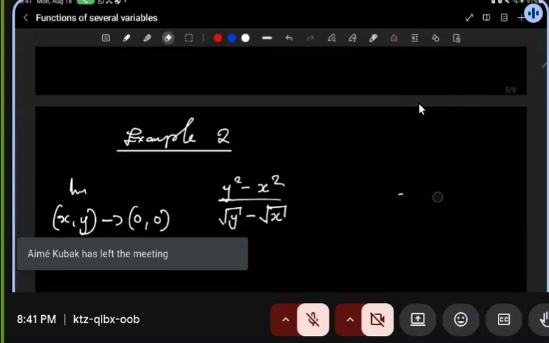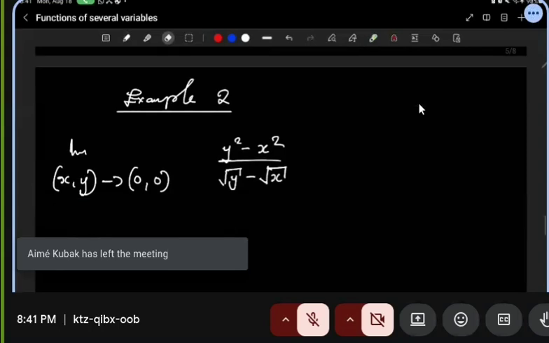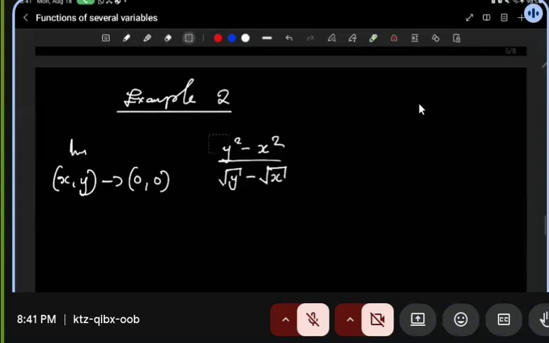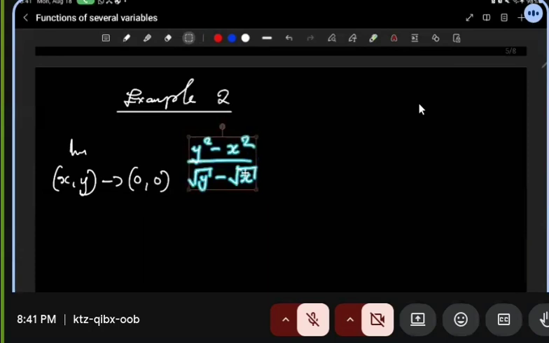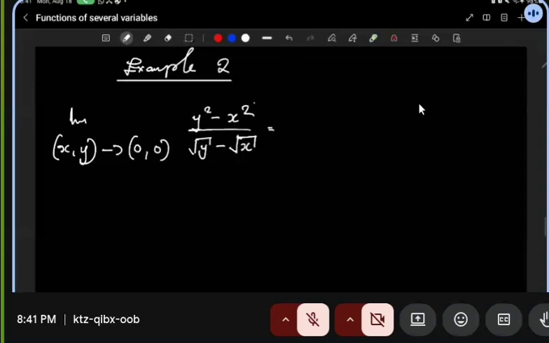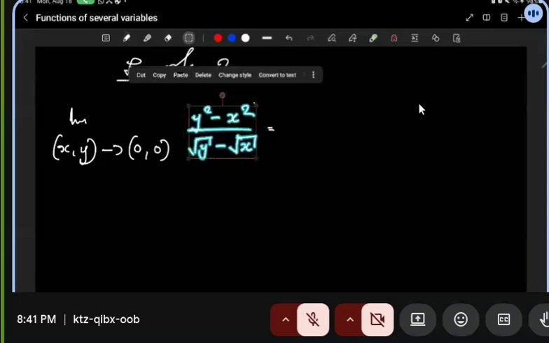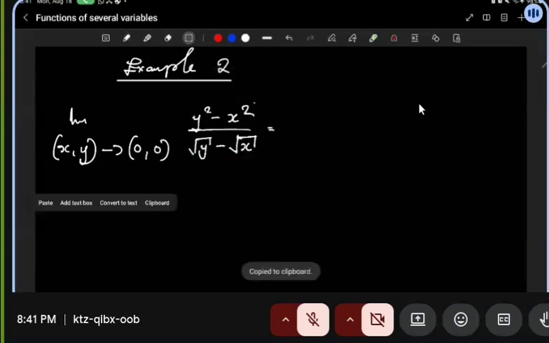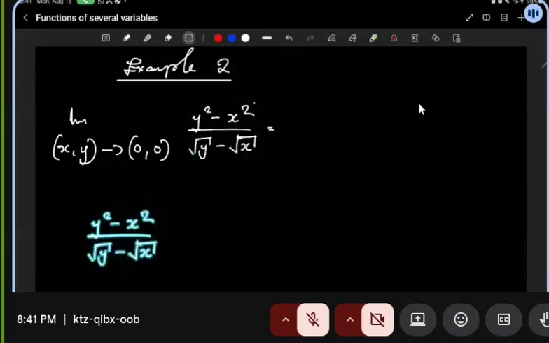So here, what do we do? Luckily, for this one, we don't even need to start seeing the behavior as we get closer across different routes. Instead, we can just try to rewrite this function or simplify it a little bit. What do I mean? Let's just extract the function itself and see how we can rewrite it.